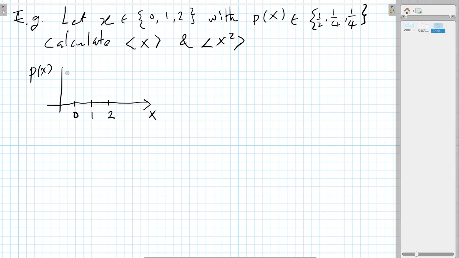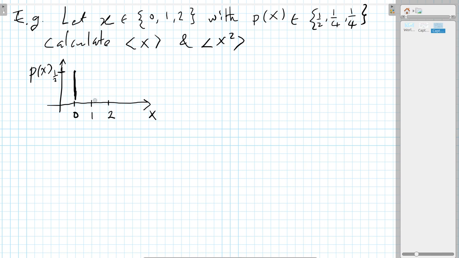For 0, the probability is 1/2. So if we suppose this point is the value for the probability 1/2, I can draw a straight line here to represent that.